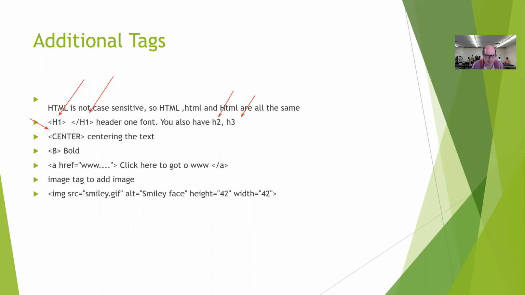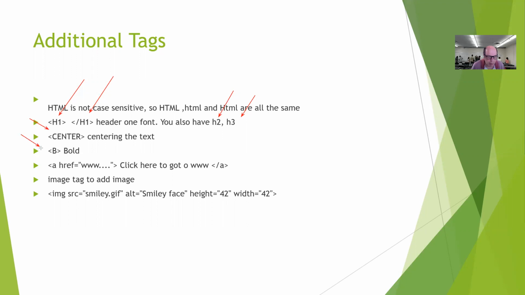We have a center tag that's going to make things center. It's center to the web page. One of the things about HTML is when you adjust your web browser, everything is going to be adjusted accordingly. So it's not hard-coded. Everything is going to move, and you know about that already.